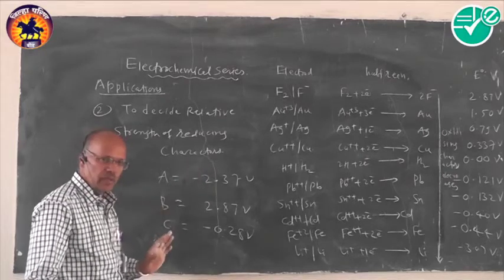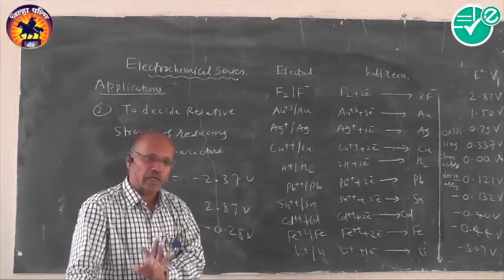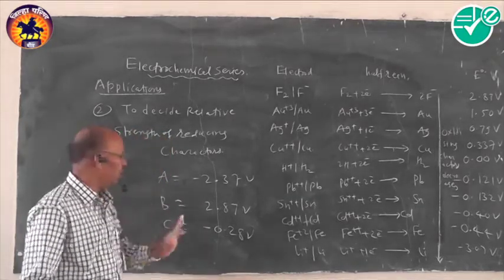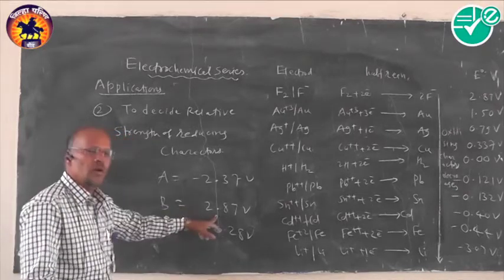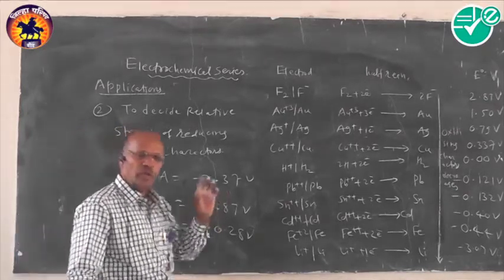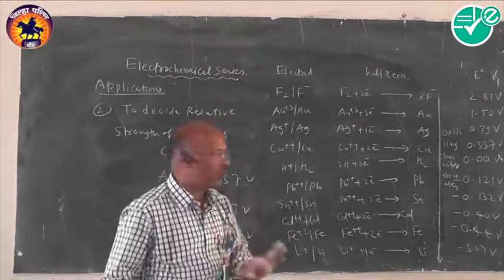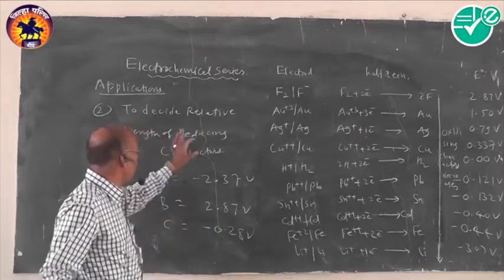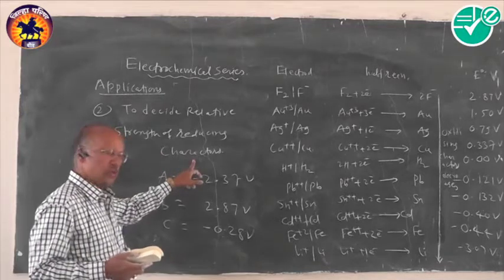On the contrary, if the question is which is the better oxidizing agent, what would you think? The greater the value of standard potential, the better the oxidizing agent. So in this case, B is the better oxidizing agent. By knowing this from the EMF series, we can easily attempt any type of MCQ, particularly in competitive examinations. This is the second application, to decide the relative strength of the reducing characters.